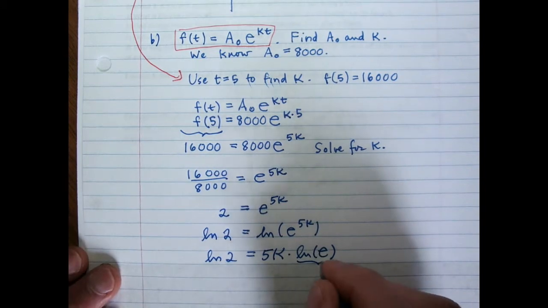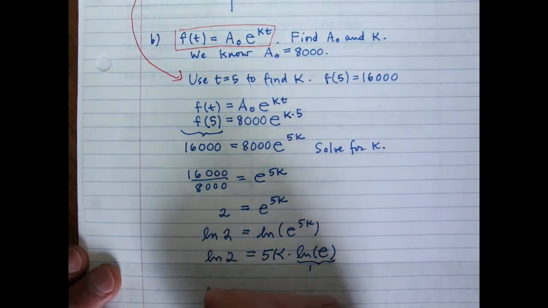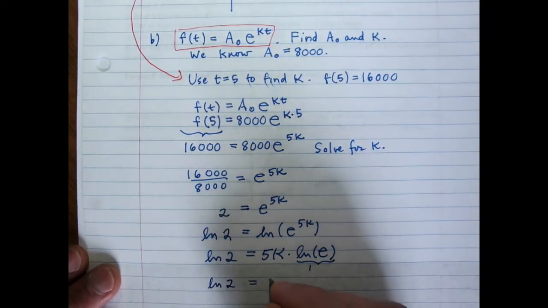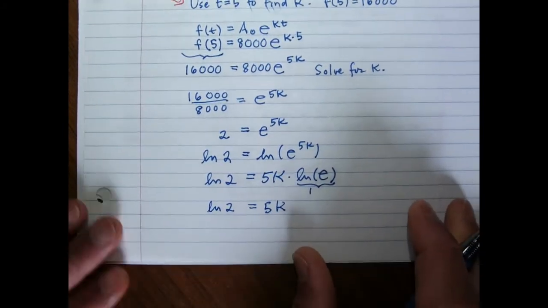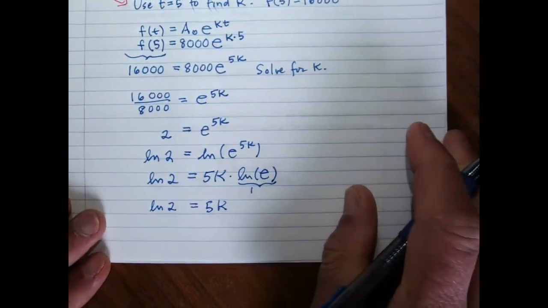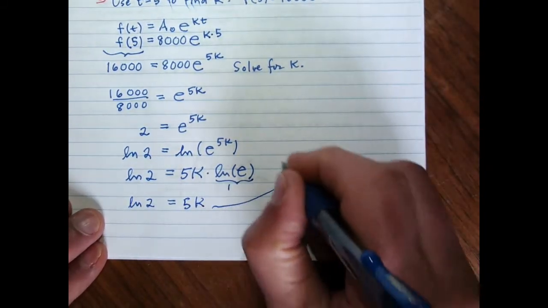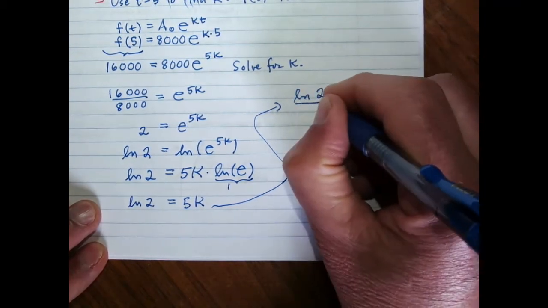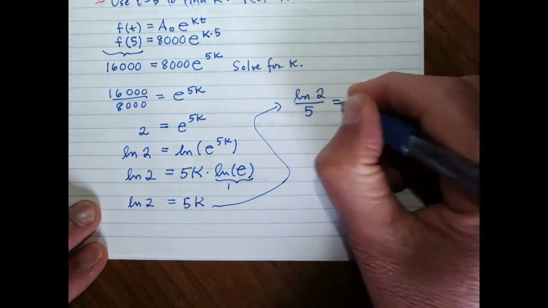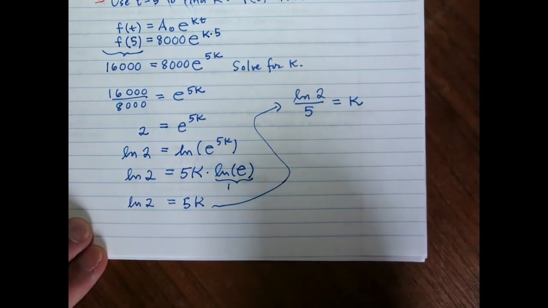The ln of e is 1. So ln of 2 is equal to 5k. To solve for k, I'm going to divide both sides by 5. Ln of 2 divided by 5 is k.